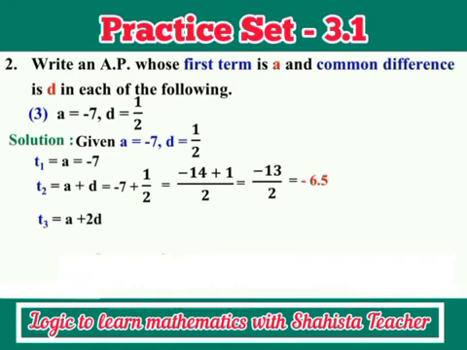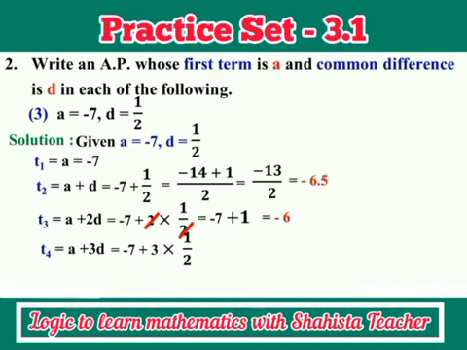Term 3 is equal to A plus 2D. This is the formula which we are using. So minus 7 plus 2 multiplied by 1 upon 2. Here the 2s get cancelled. Minus 7 plus 1 gives us minus 6. T4 is equal to A plus 3D is equal to minus 7 plus 3 multiplied by 1 upon 2.